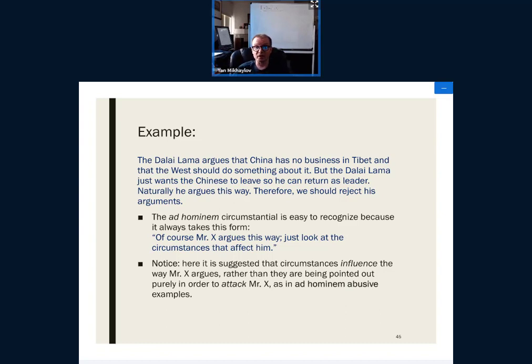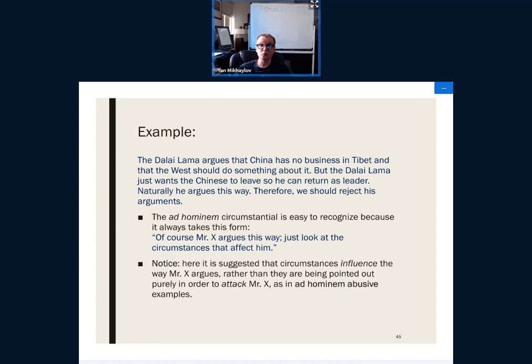Now, it is true that in many cases people argue for something from which they will benefit. This is very natural for us. In fact, I would say most cases. Why would people even bother arguing for something they're not going to benefit from whatsoever, right? But just because somebody will benefit from the outcome doesn't necessarily mean that they are presenting a bad argument.